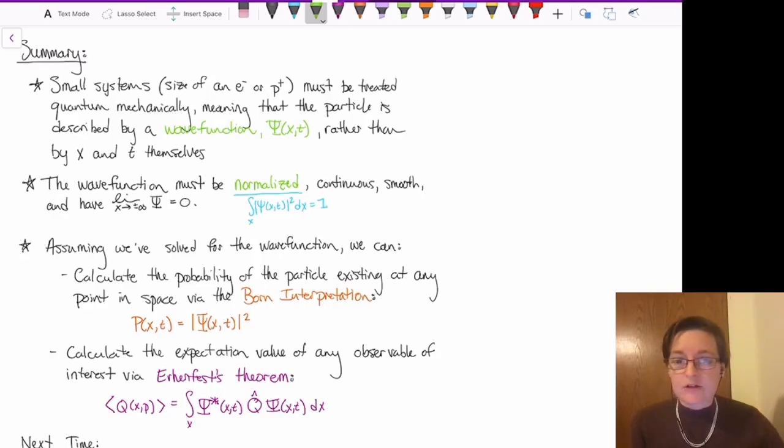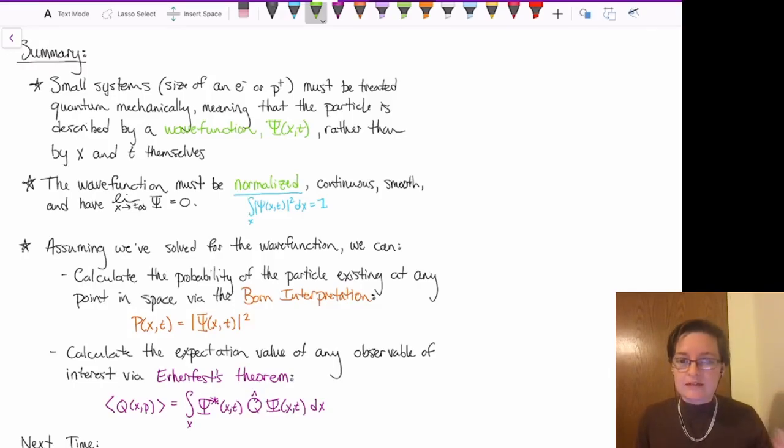The wave function that describes the behavior of small particles like electrons and protons has to be normalized. And that means that it obeys just a common sense idea of what probabilities mean. We should expect that the sum of all the probabilities over all space should add up to 1 because the particle has to be somewhere.